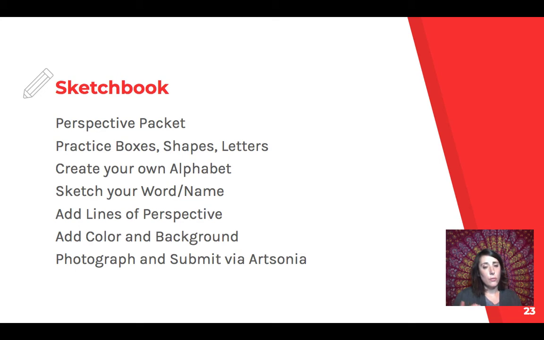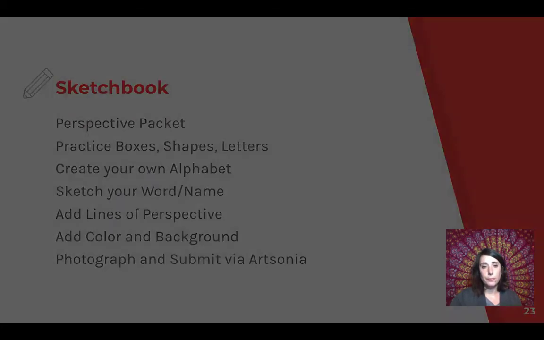Then you're going to add color and value, and that is due May 15th. And then you'll add background, and that will be due May 22nd. So the final finished, awesome, amazing piece is due on the 22nd. And what do we do with it? We take a photograph, we submit to Artsonia.